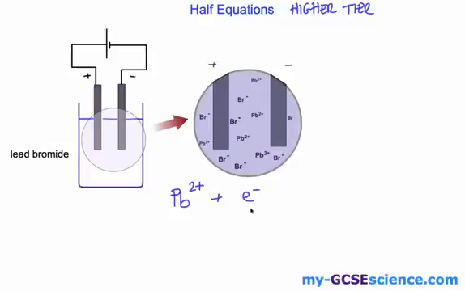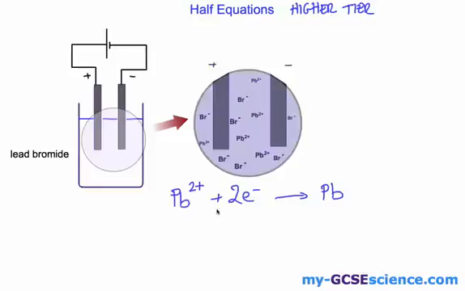Electrons is written with an e with a small minus, and that will give us lead metal. But what you might realize is that we've got a charge of 2 plus here, so 1 electron is not going to be enough, so we need to balance this half equation, and it's actually very straightforward. We've got 2 plus here, 1 minus, so we put a 2 in front of the electron, so that we know we've got 2 electrons that are required to balance out the charge and therefore make the atom.